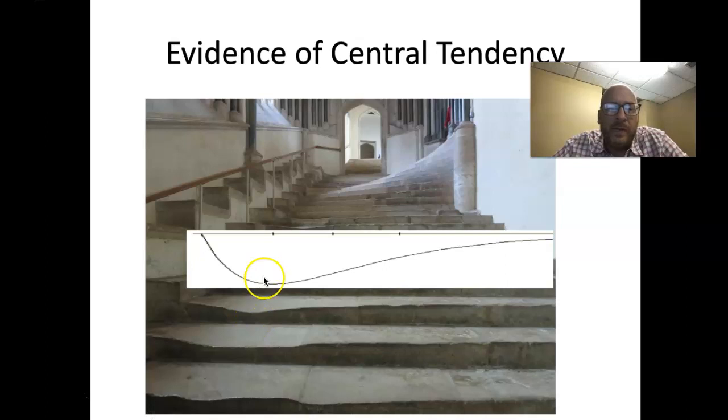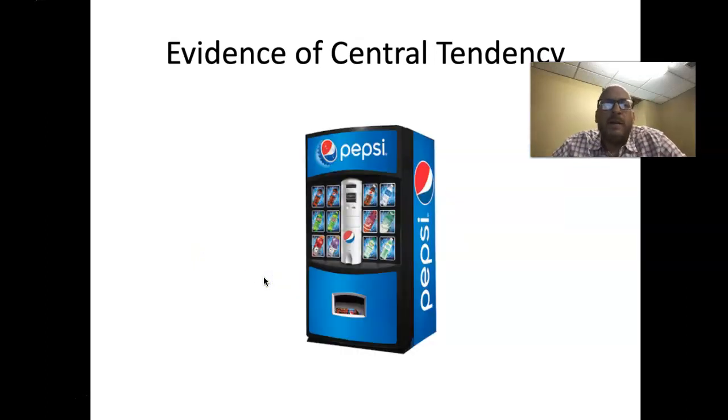All right, so those are just some stairs. The last one has an example of central tendency that is a little bit different. Can you see the central tendency here? The central tendency here is not the same as the stairs, because in the stairs we had continuous interval or ratio, if you're talking about how many inches to the left or right they could stand. But this is nominal.